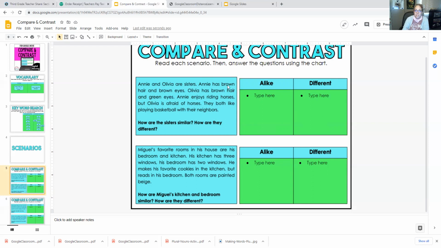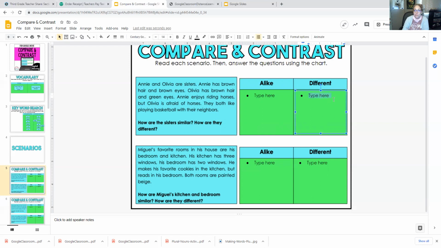I saw the word but. Did you see that word? There we go. But. It says, Annie enjoys riding horses, but Olivia is afraid of horses. That is how they are different, isn't it?